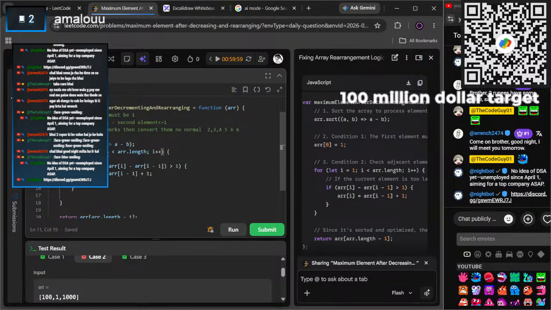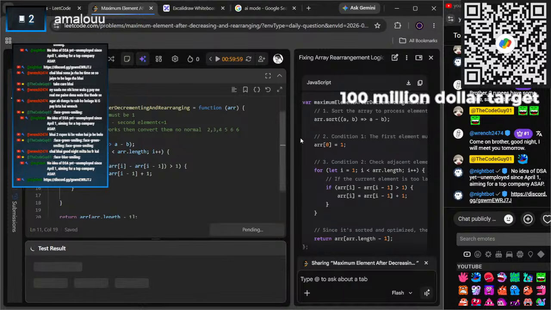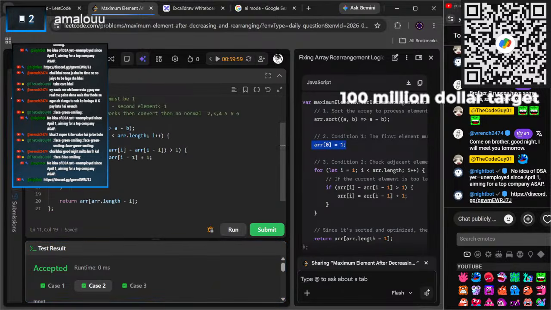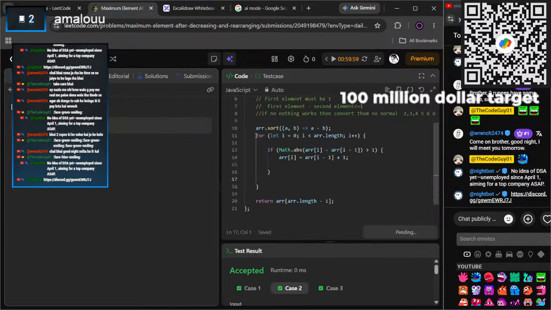Let me run first. Do I really need to store this, bro? And this is not even Leetcode. This is what I was trying to do, but instead of directly using the value, I was using the variables.